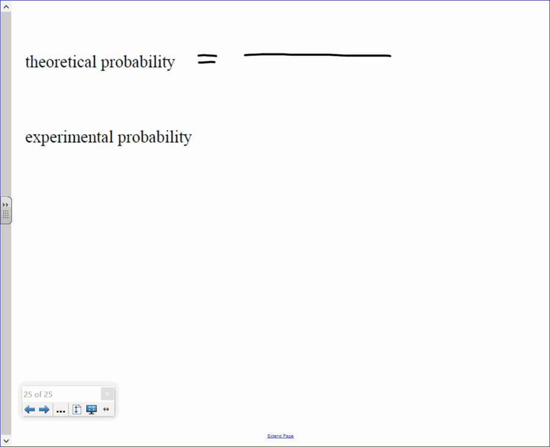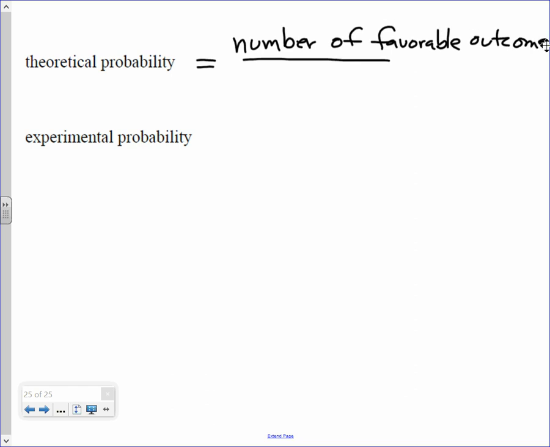I'm going to write number of favorable outcomes, okay, that's the numerator, number of favorable outcomes, divided by the number of total outcomes.